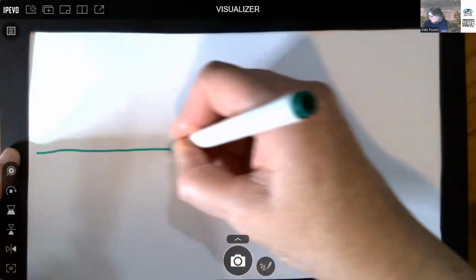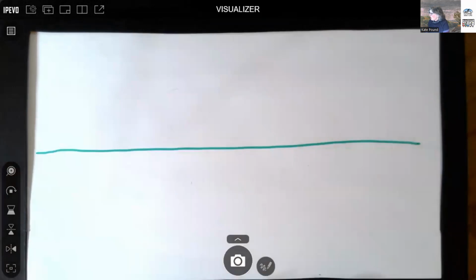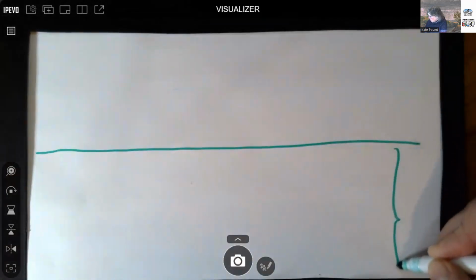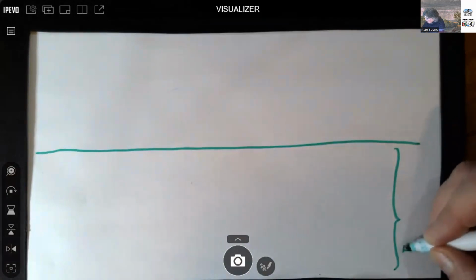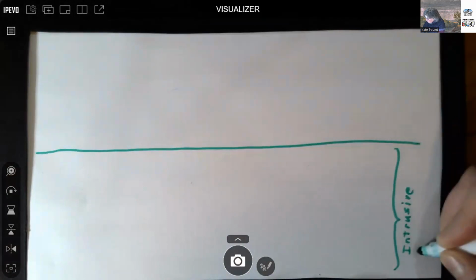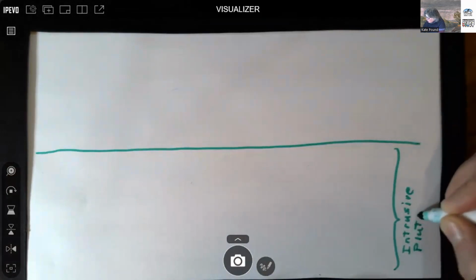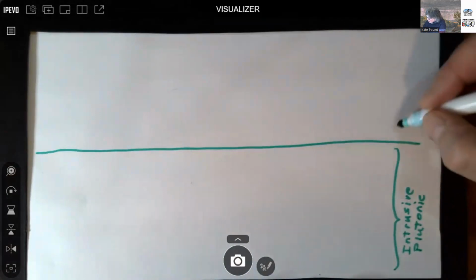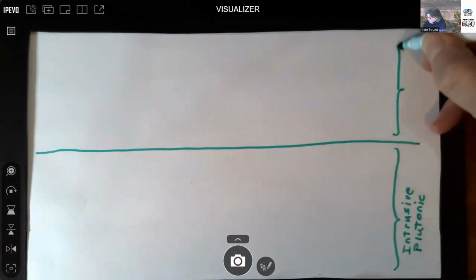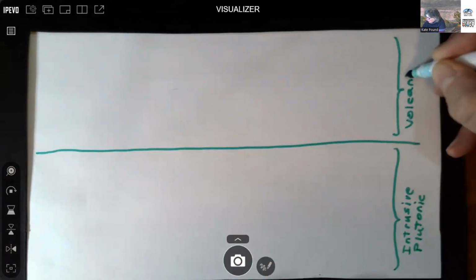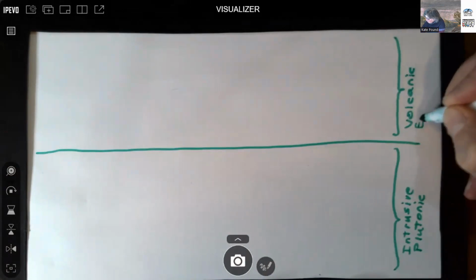So let's imagine that right here we have Earth's surface, and everything below Earth's surface is intrusive, or we use the word plutonic.